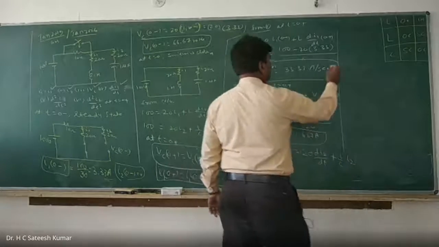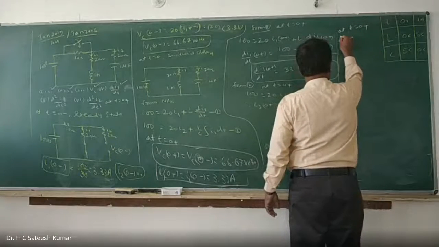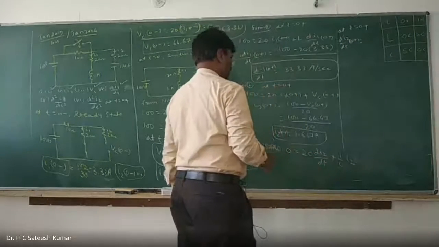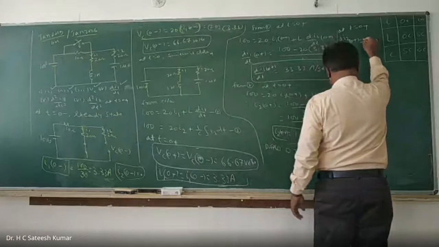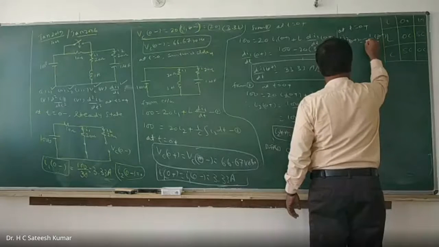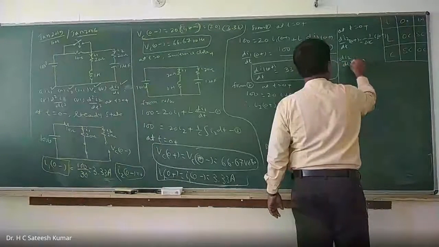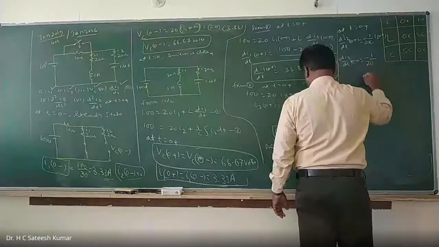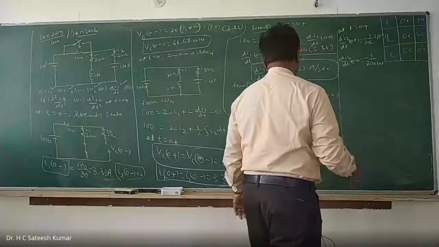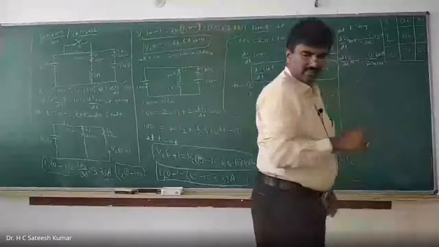At t is equal to 0 plus, di2/dt at 0 plus is equal to minus 1 by c into I2(0+) divided by 20, which is minus 1 by 20 c, where c is 1 micro, into I2(0+). I2(0+) is 1.667. How much is this? di2/dt at 0 plus.